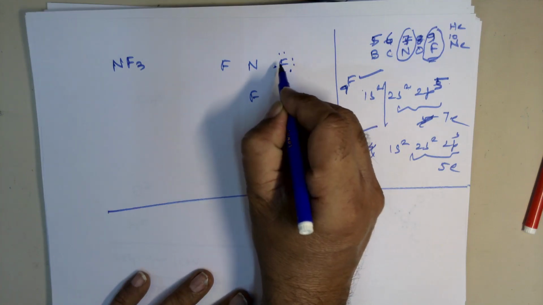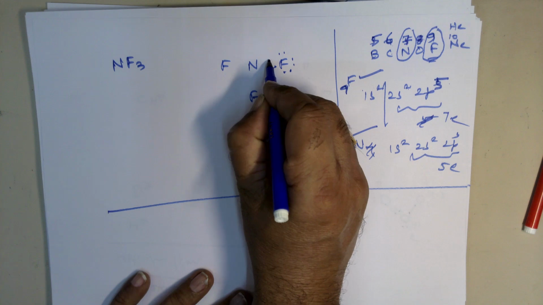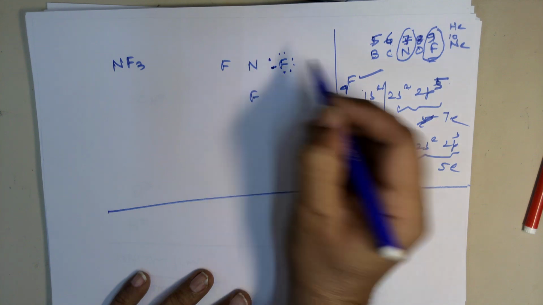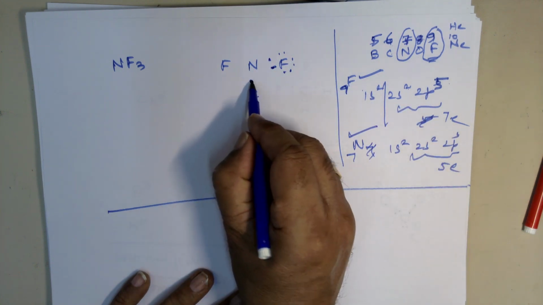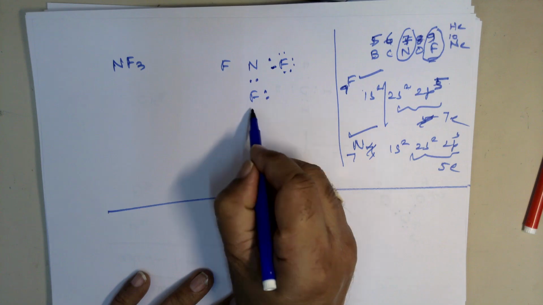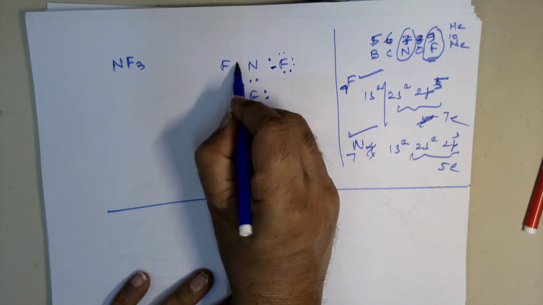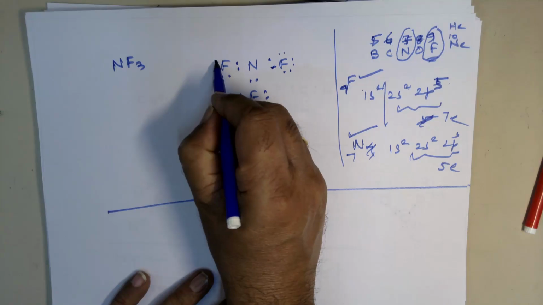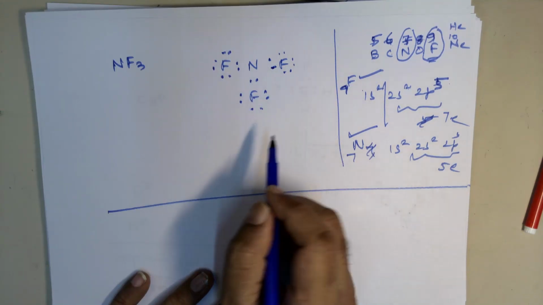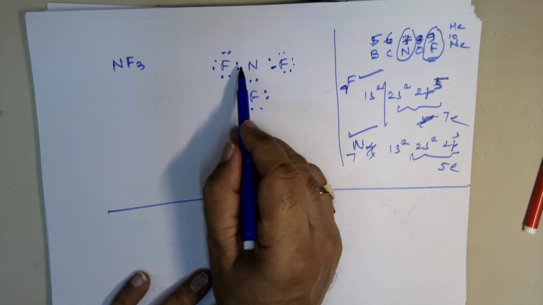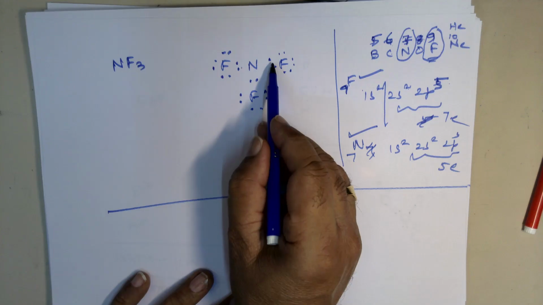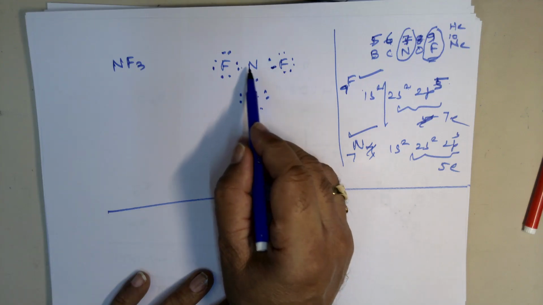So we are able to get a bond like this. Okay. So this is a commonly shared one. Similarly, 2, 4, 6, 7. Similarly, 2, 4, 6, 7. And what about nitrogen? 2, 4, 6. Right?